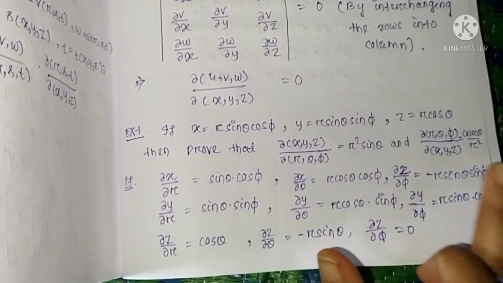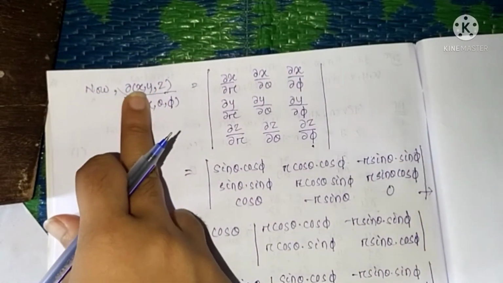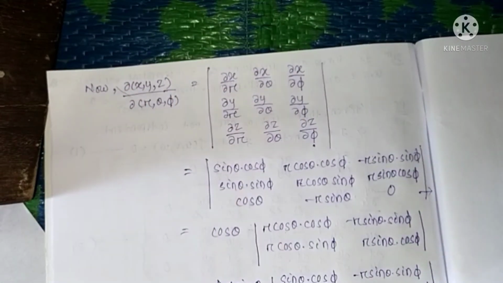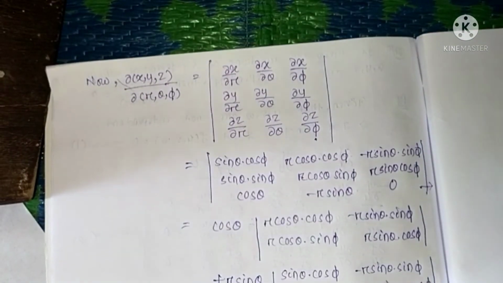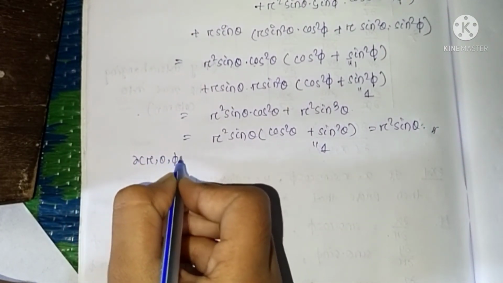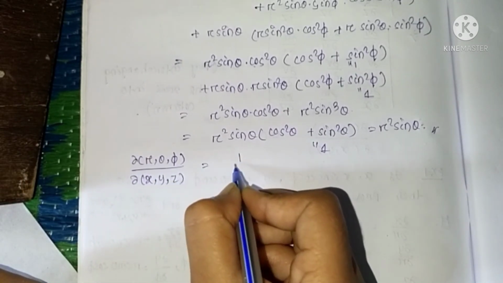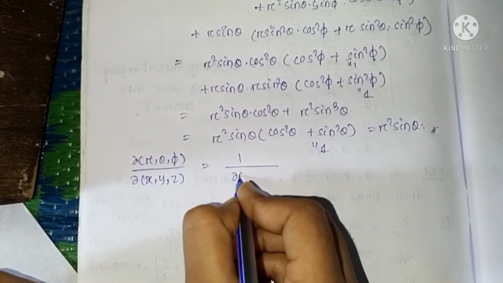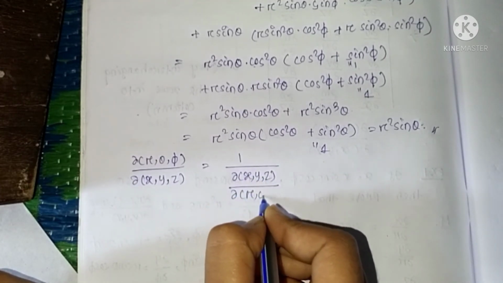Then another is ∂(r,θ,φ)/∂(x,y,z). Here in these Jacobians, we find ∂(r,θ,φ)/∂(x,y,z), which is equal to 1 by ∂(x,y,z)/∂(r,θ,φ).